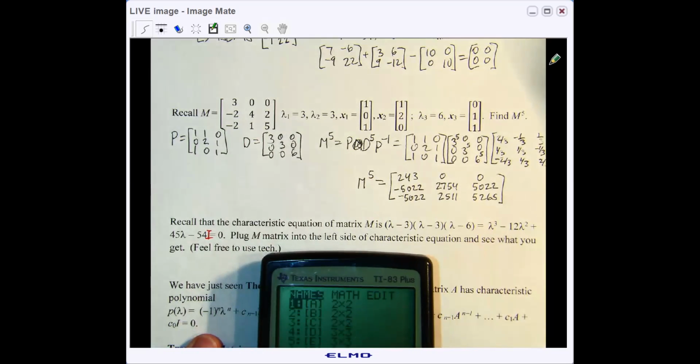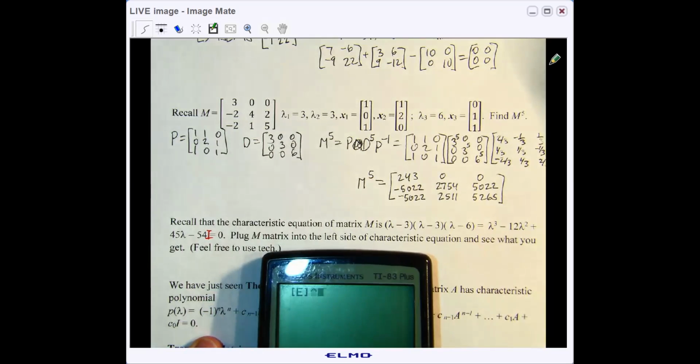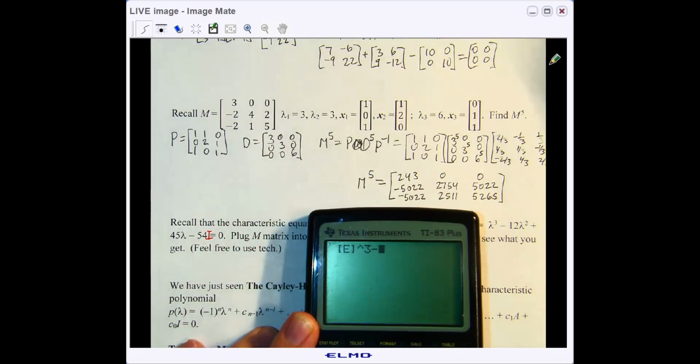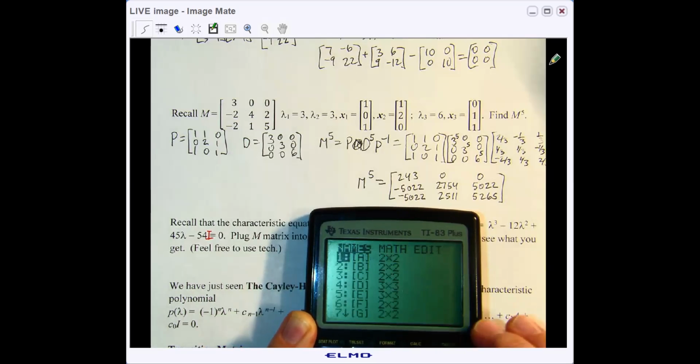Matrix E to the 3rd power minus 12 matrix E squared, I'm getting a little bit of glare there, plus 45 times matrix E, and then minus 54 times the 3 by 3 identity matrix.